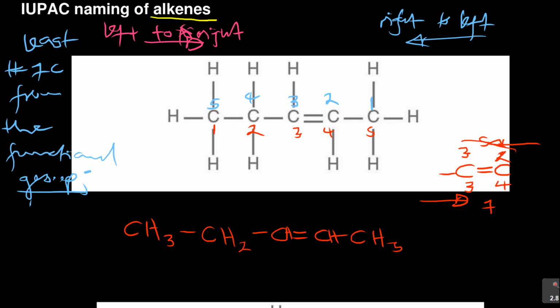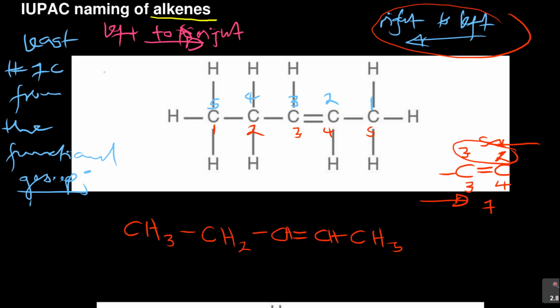So the least one is from what? From right to left. I repeat again, you look at the functional group, and the functional group here is the carbon, double bond, carbon. It is the one that tells me from which side the numbering starts.